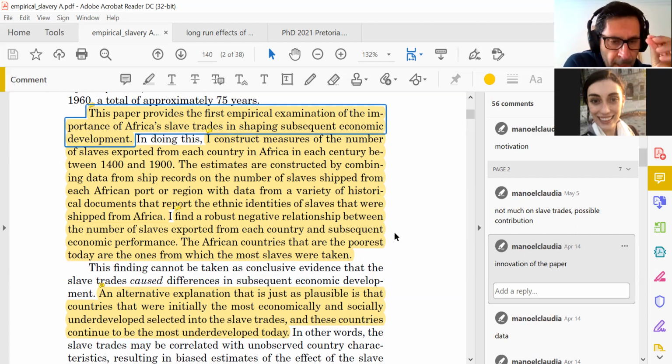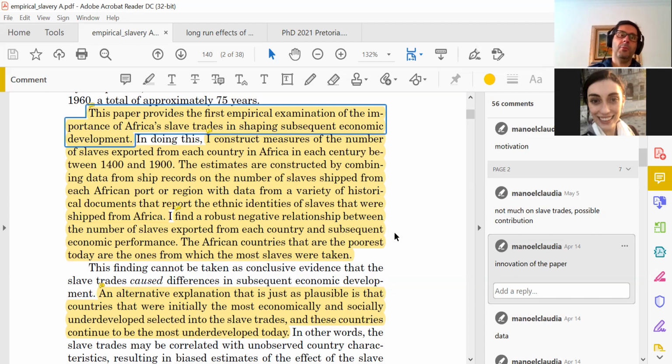Because, as I said, he's going to have the number of slaves exported with the ethnicity of those slaves, right? And then he's going to match those people with the modern boundaries of African countries. Then he's going to construct a measure of the number of slaves exported from Nigeria, from Angola, from Mozambique, and so on and so forth.